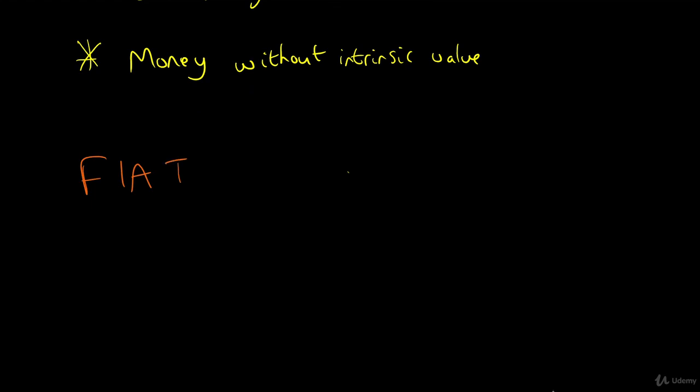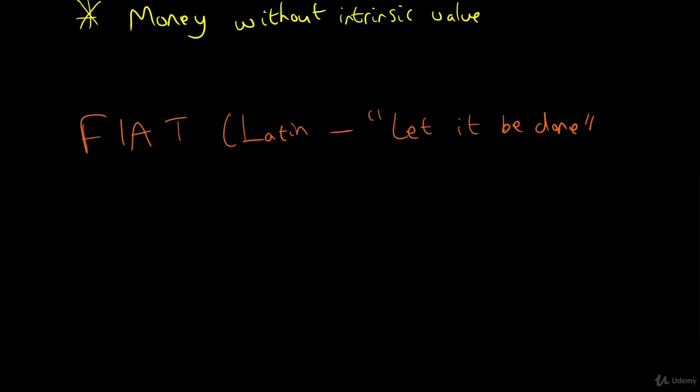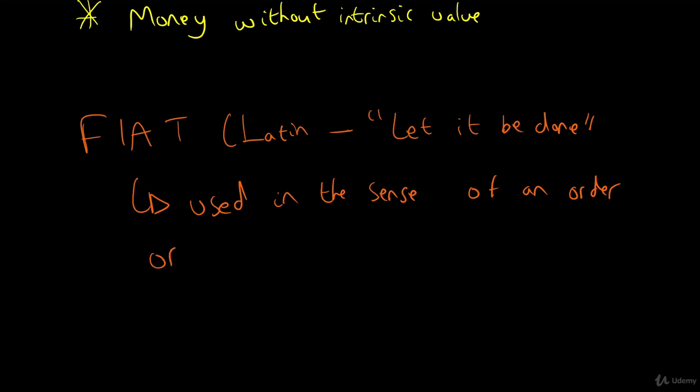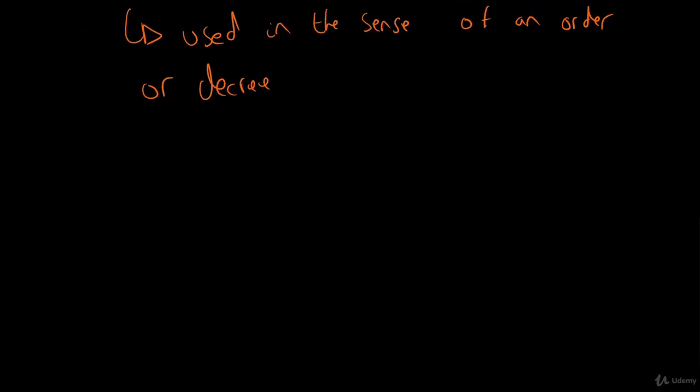The word fiat is a Latin word that means let it be done, and it's essentially used in the sense of an order or decree. So something has to be done. So that's essentially what fiat means.